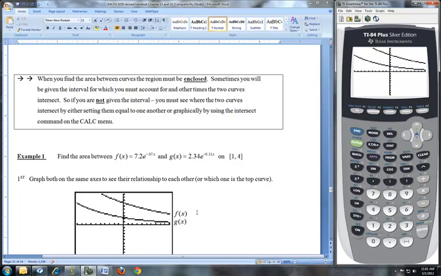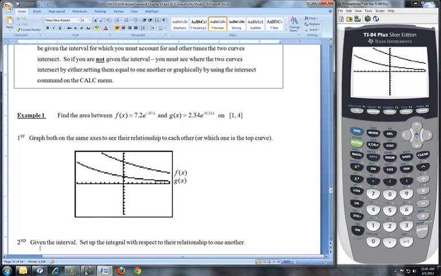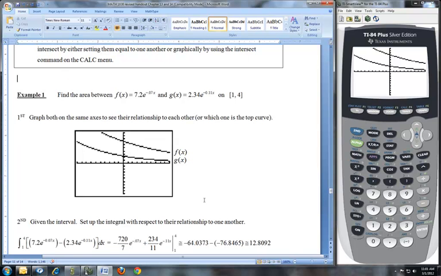So in order to do these problems, we've got to set up the integral, and you set it up with respect to how these curves are related to one another, in that who is the curve that's on the top of the shaded region. Well, it was f of x, so I've got to take my f of x minus my g of x from 1 to 4.